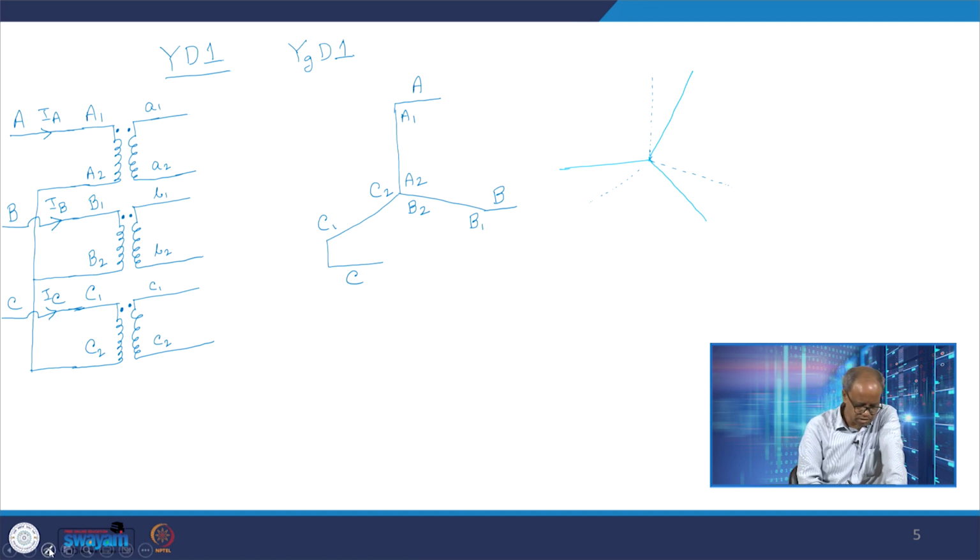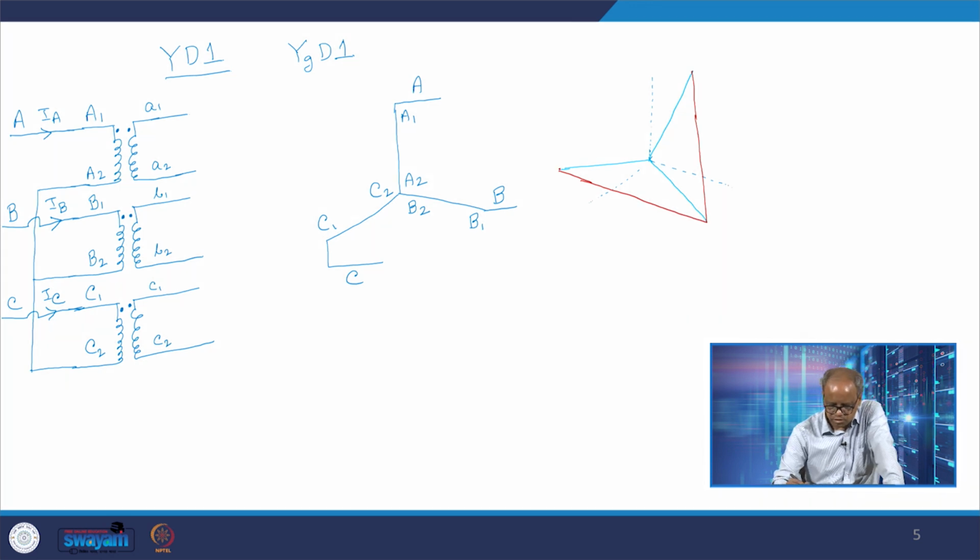But my line to line voltage, because it is a delta connection, I will actually get these voltages only, the voltages in brown.